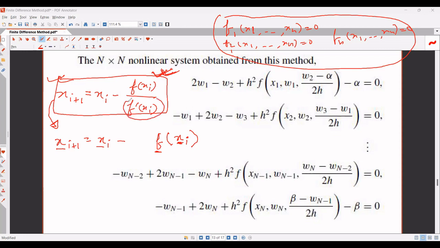Now, what is f prime for multivariable? You must know from real analysis that the derivative for multivariable is simply the Jacobian. So what we have here is the inverse of f prime. So we must have the inverse of the Jacobian matrix evaluated at the x i vector. So here we have an n by n matrix, and here we have an n by 1 column. After multiplication, this is going to produce an n by 1 column.